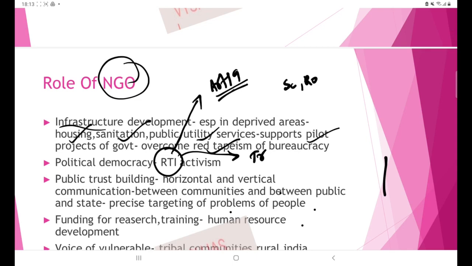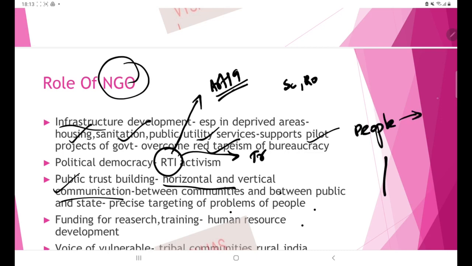Then, as I have said, public trust building. Since NGOs are the direct link to the people, they act as a tool to establish public trust among people. Okay, so it is involved in horizontal and vertical communication. Horizontal communication means between people.